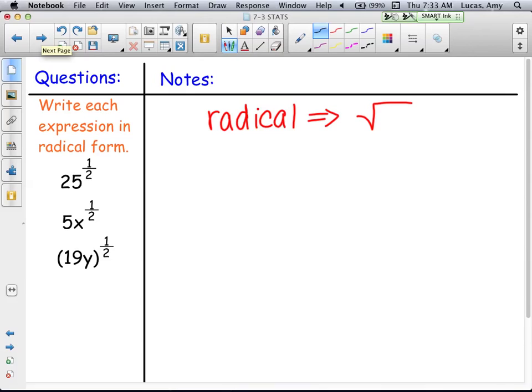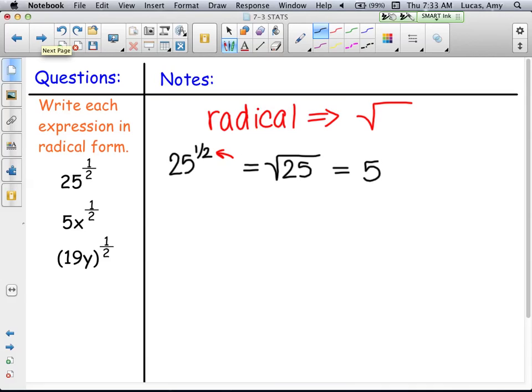So when the power, 25 to the 1/2 power, when the fraction on that exponent is 1/2, that's a square root. So I don't need to put a little number up above my little check mark part of that radical symbol. So the square root of 25 we can evaluate, or we can simplify, because it's a perfect square, so that equals 5.